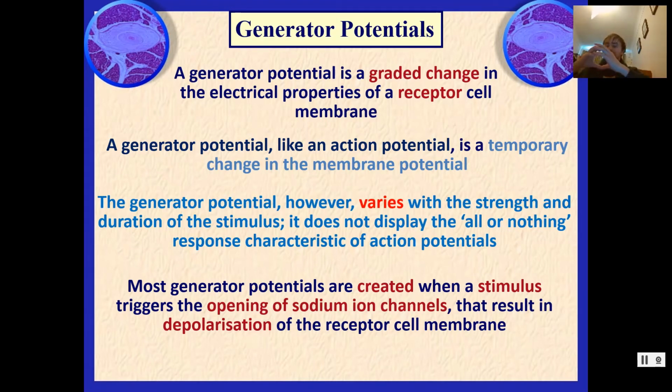If the blood vessel stretches, then the ring around it basically gets stretched as well, and that opens up stretch-mediated sodium ion channels. Obviously, when we get to the eye, it will be something slightly different because we're not talking about pressure there. But in every case, you are creating a generator potential, which will vary in strength with the strength of the stimulus and also with how long the stimulus lasts. Fine.